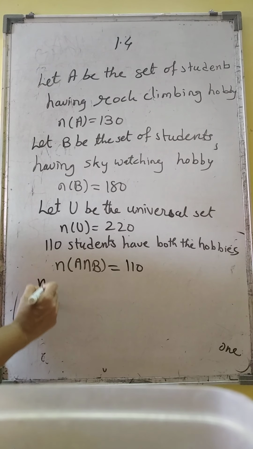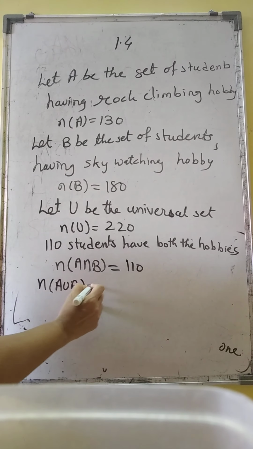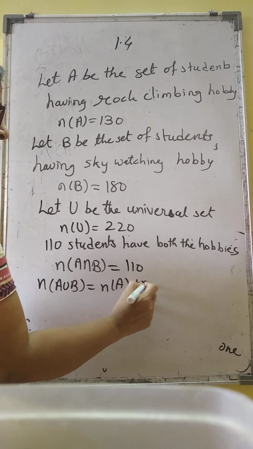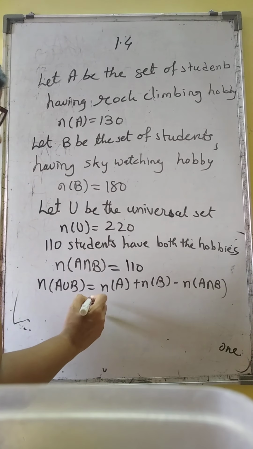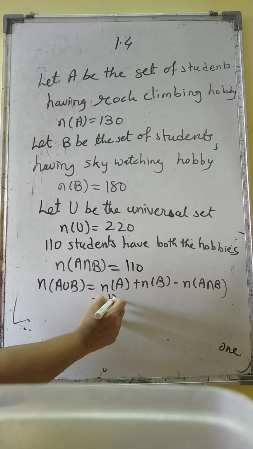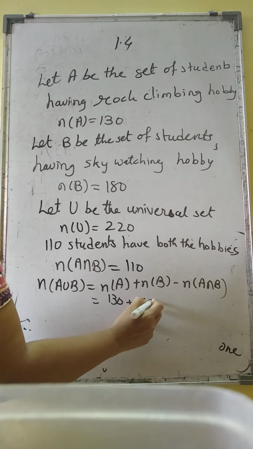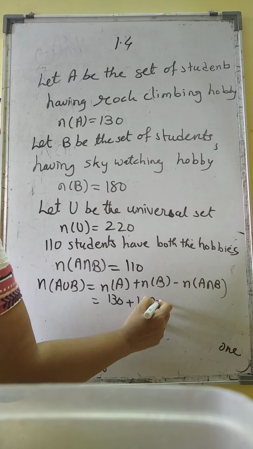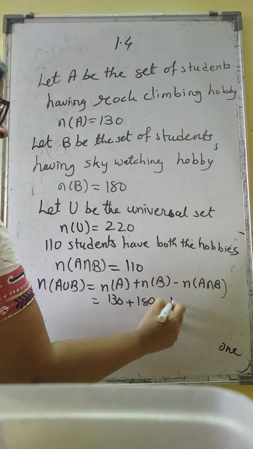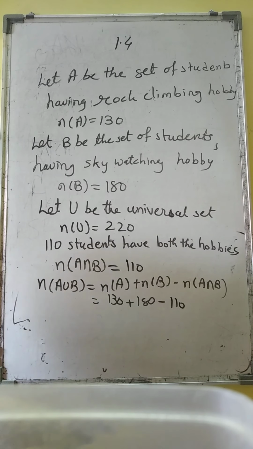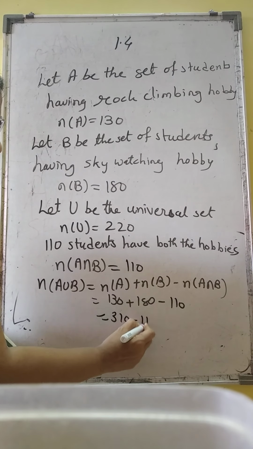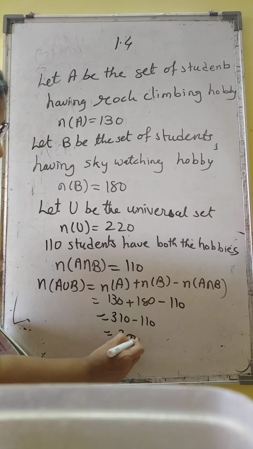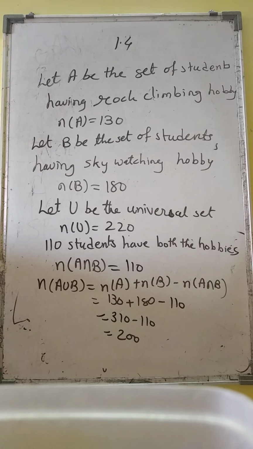So now we'll use the formula. N of A union B is equal to N of A plus N of B minus N of A intersection B. So that is 130 plus 180 minus 110. Correct? So 310 minus 110 comes out to be 200.